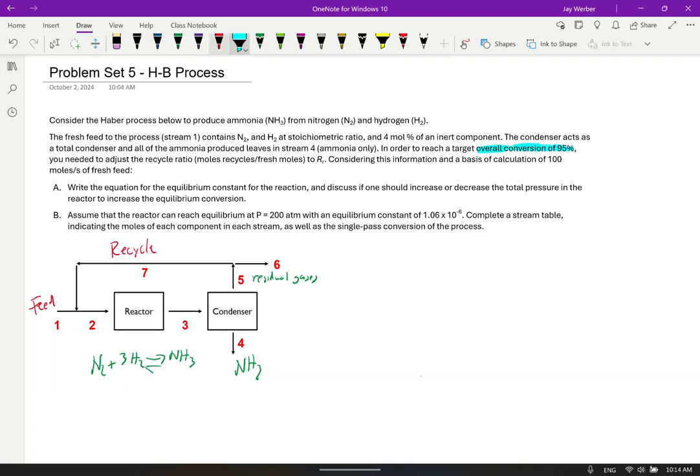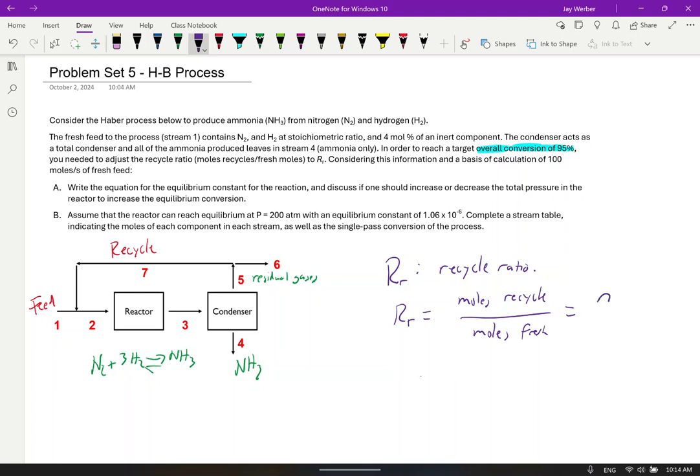And the recycle ratio, so what we're going to call RR. This is the recycle ratio. And RR here is defined as the moles in the recycle divided by the fresh moles.